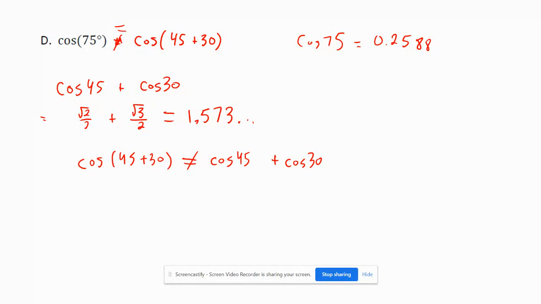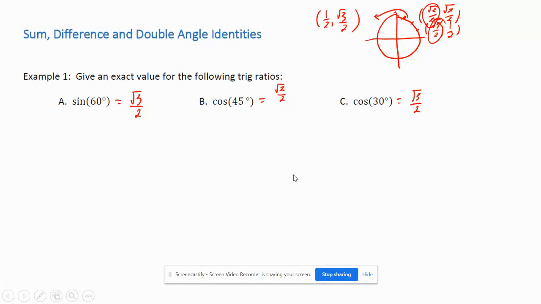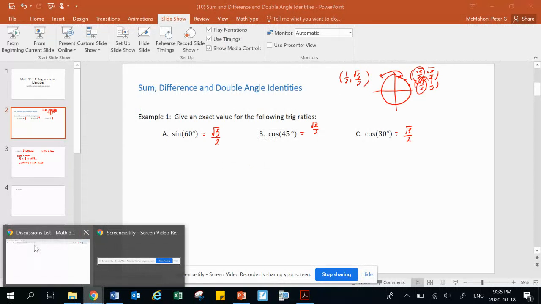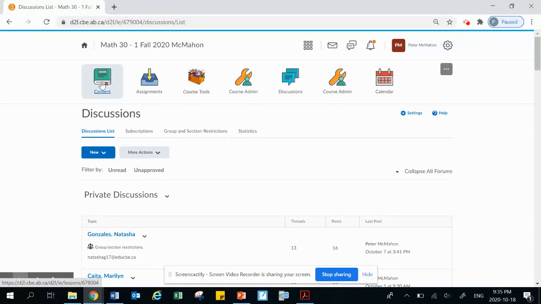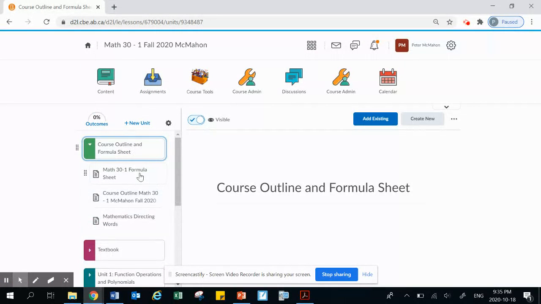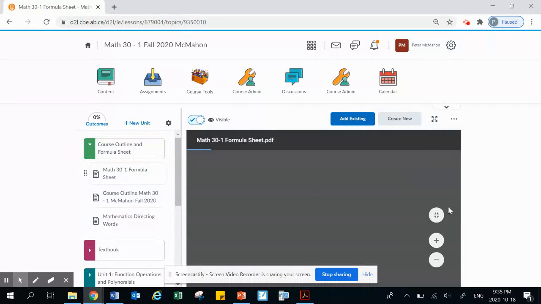Now the question is, what does cos of 45 plus 30 equal? Guys, bear with me for a second. I'm just going to pull up my formula sheets. All right, so back to our formula sheet.